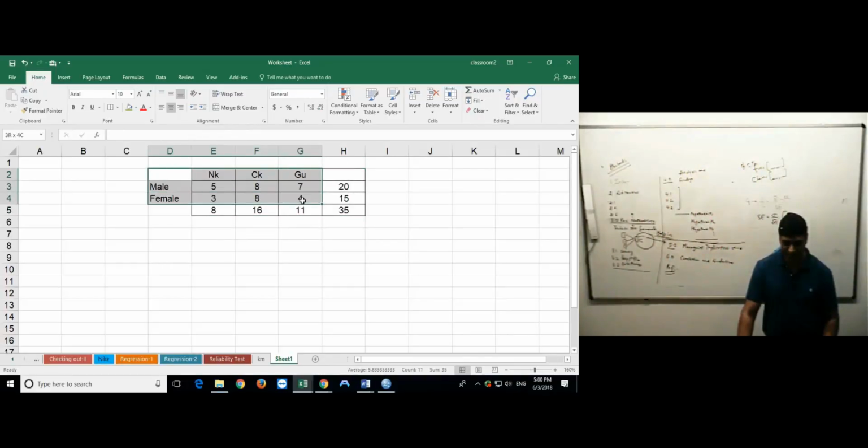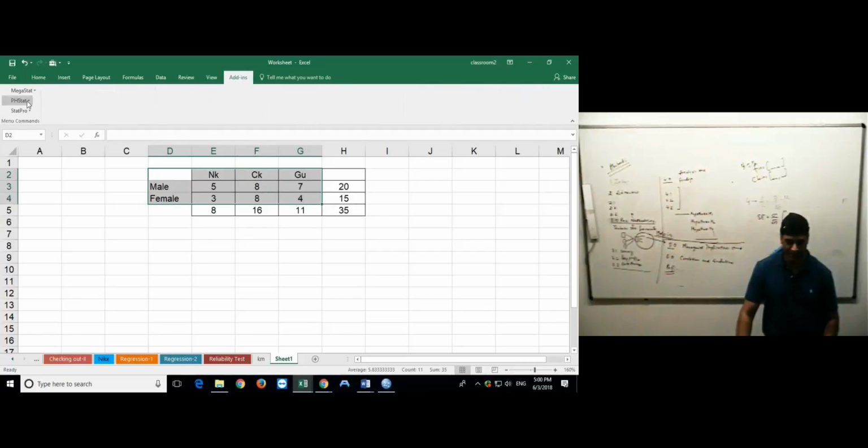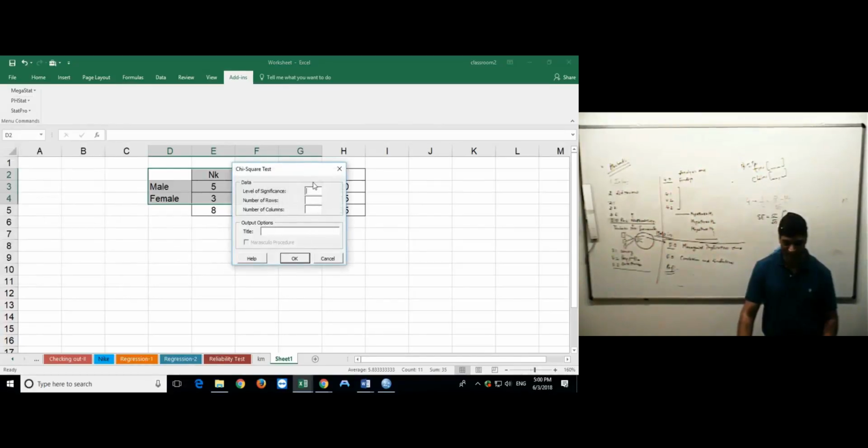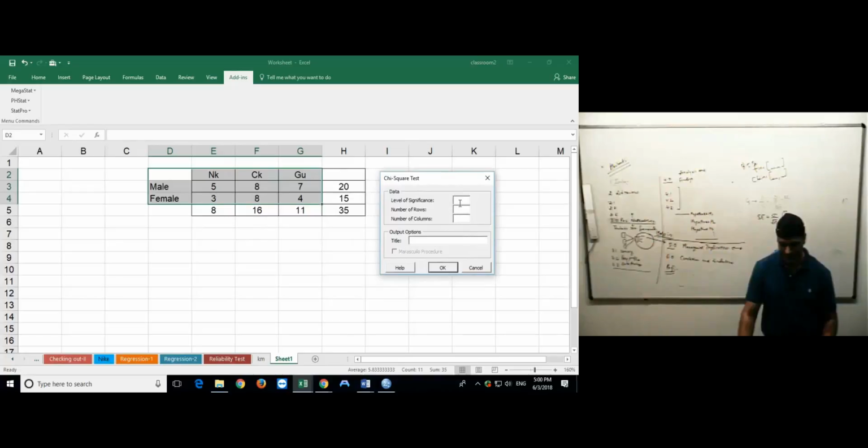Now what I need to do is I need to select this. How many rows are there? How many columns are there? No, no, no. There are 2 rows.